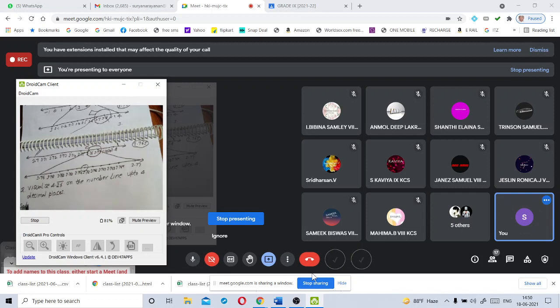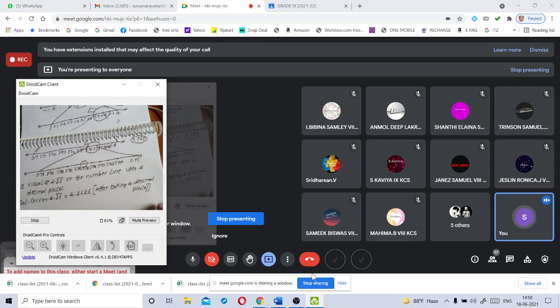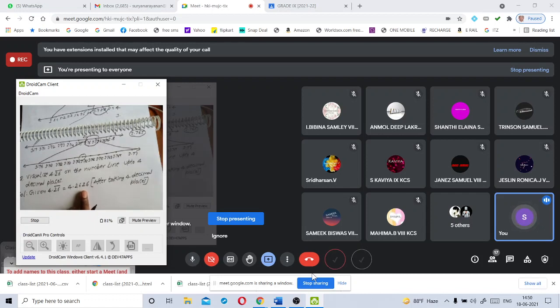Okay, my dear children. First of all, let us write the given number, 4.26 whole bar. This can be written as 4.2626, yes or no? If you want to write up to 4 decimal places, we get this number.